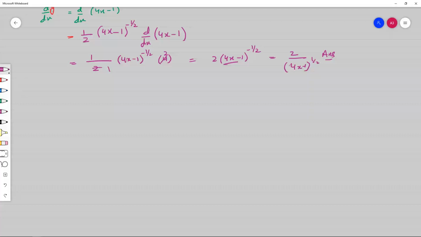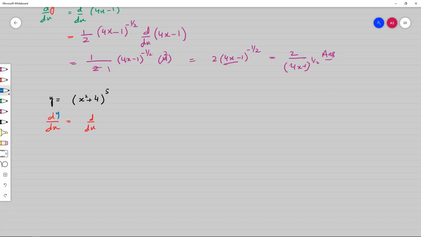So the next question will be y is equal to (x square plus 4) whole power 5. We have to take the derivative of this, d over dx.